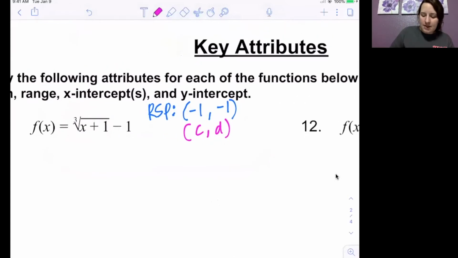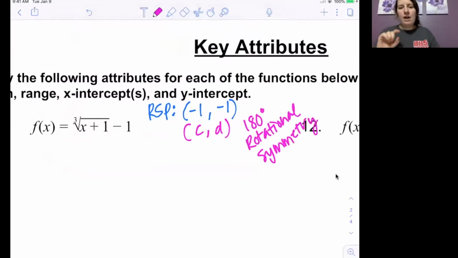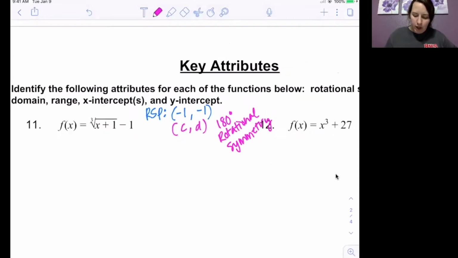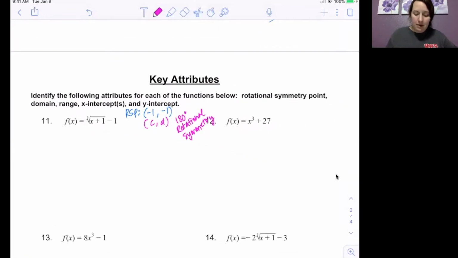Once again, this has 180-degree rotational symmetry about that point. And when I say about that point, that just means that -1, -1 is the point where I would put my finger on, spin the graph, and it would land back on itself before it made that full circle.